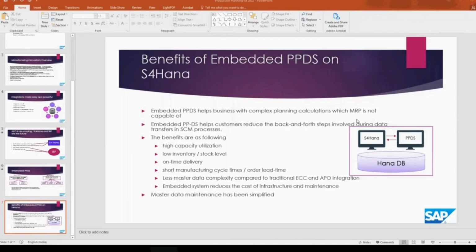As a functional consultant, you have to work with your basis team to set up the infrastructure. Infrastructure setup is also a part of your job. They will simply provide the server for you, and as a functional consultant, you have to do live cache analysis, live cache enablement, RFC connections, and then PPDS activations. A lot of things you have to do. All these things will be covered in the beginning sessions.